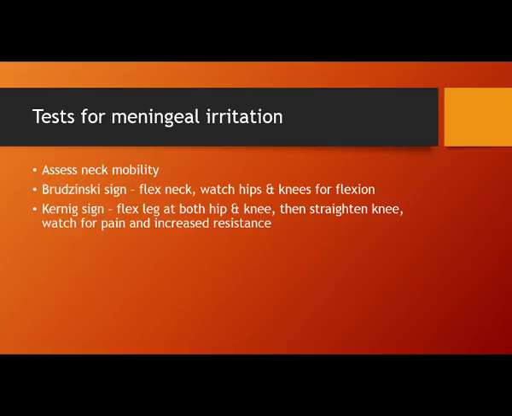And then the Kernig sign, you don't do anything with the neck, but you flex the leg at both the hip and the knee, and then you straighten out the knee, leaving the hip still flexed. If that's positive, there would be pain and increased resistance when you try to straighten that knee. And then you try it on the other side.